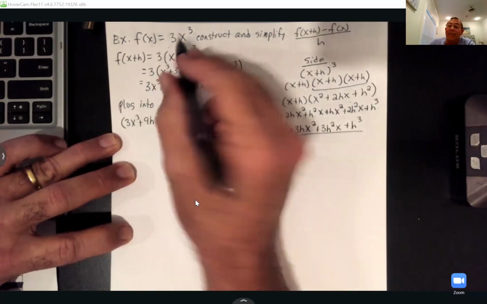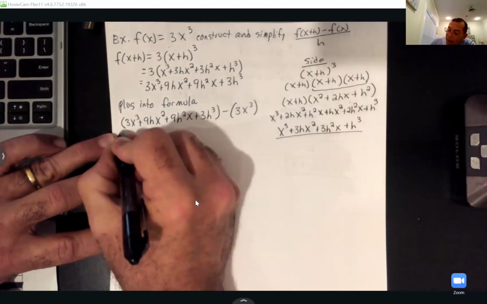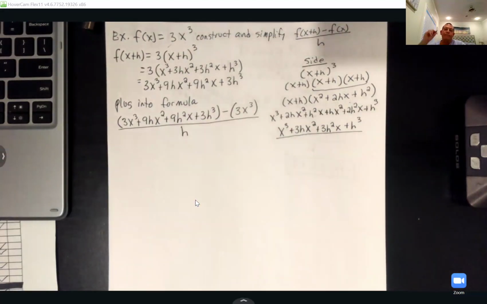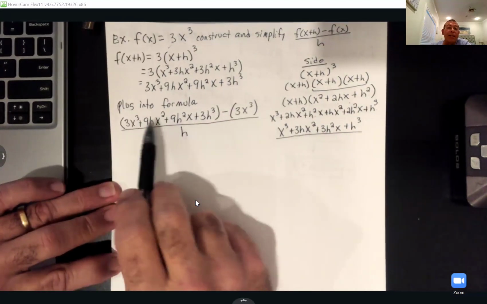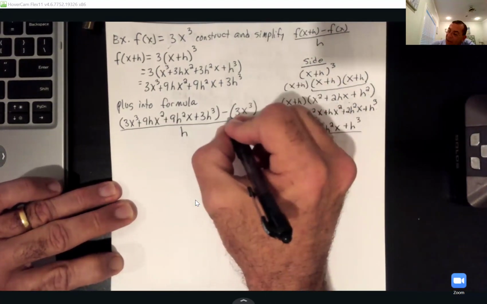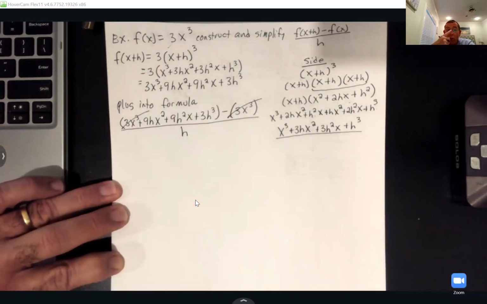Well, the only thing I got is a 3x to the third, all of that over h. So sadly, only one thing's canceling, because there's only one thing over here that does not have that h in it. So the 3x to the cube is going to cancel with the 3x to the cube.